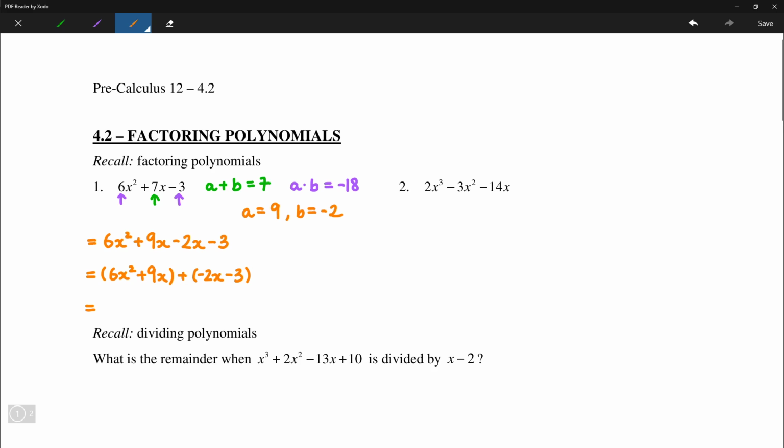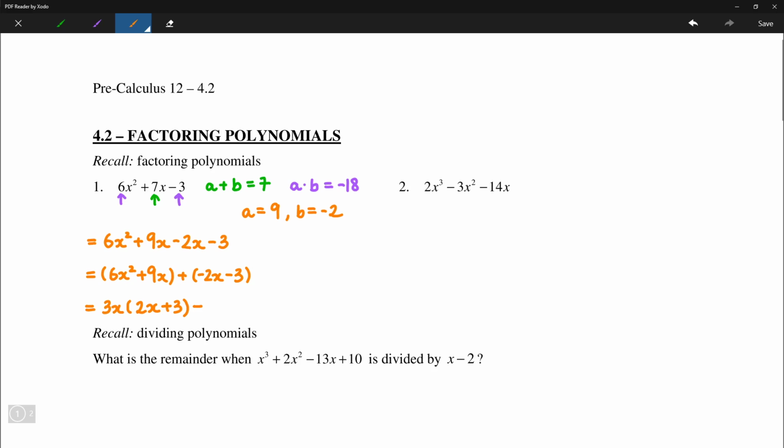So in the first group, we have 3x, and we'll be left with 2x plus 3. Sorry about that.